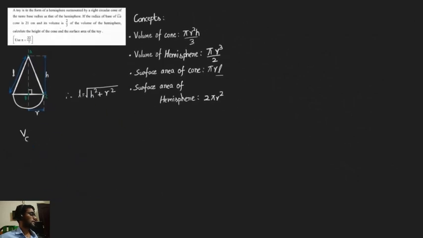In the question we saw that volume of cone VC is equals to 2/3 of volume of hemisphere. So from the formulae we can substitute VC equals pi r square h divided by 3, which equals 2/3 times of the volume of hemisphere, which is pi r cube by 2.